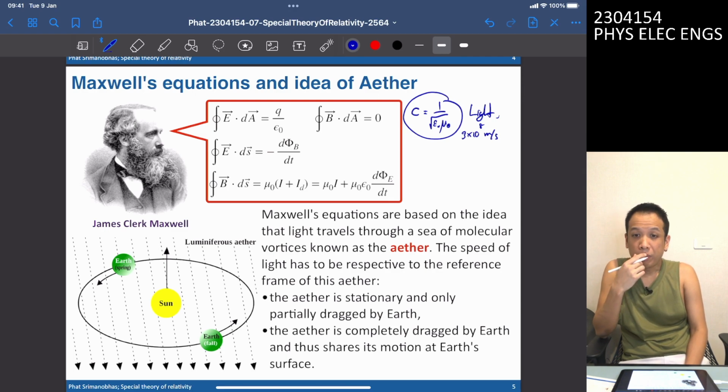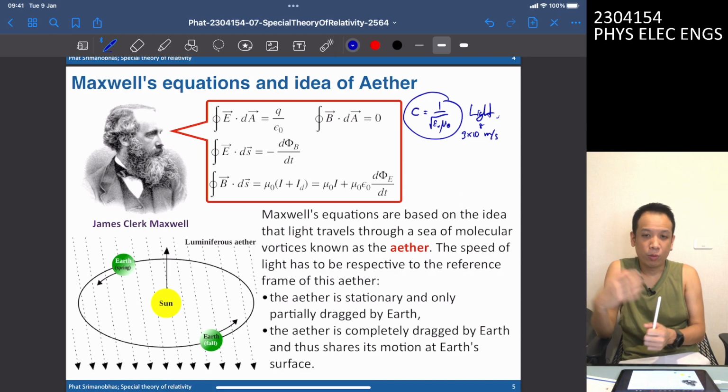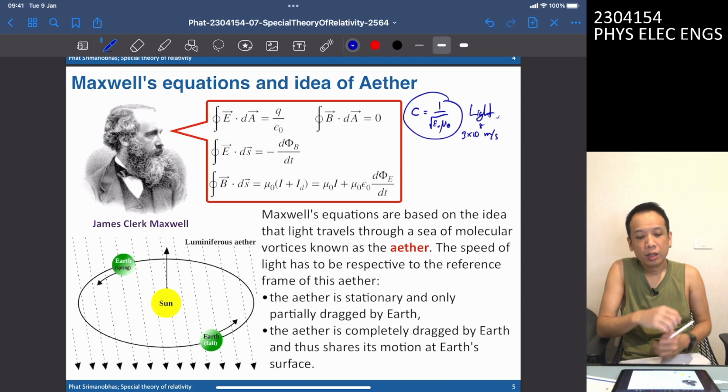But if we compare it with classical mechanics, like the speed of sound, the speed of the string wave, that wave uses a medium, right? At that time, we knew that a wave travels in a medium with a speed. So Maxwell equations are based on that idea also.